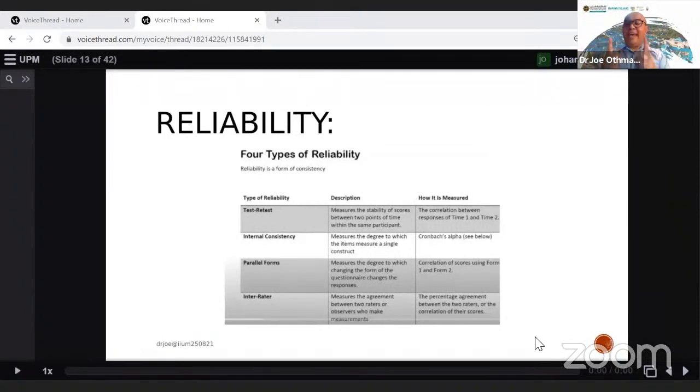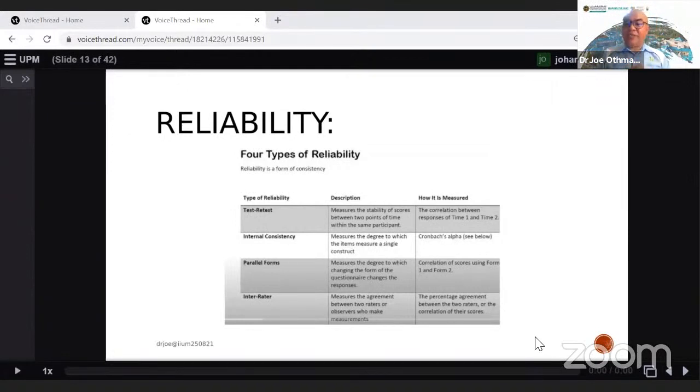So if a set of tests, let's say 20 questions, one format is paper and pencil, another format is online, and we have consistent scores also, meaning similar scores, not exact, then we can show to whoever wants to check that this paper and pencil test has parallel form, or even the other way. If paper and pencil is the reference, then the computer online test has parallel form reliability.